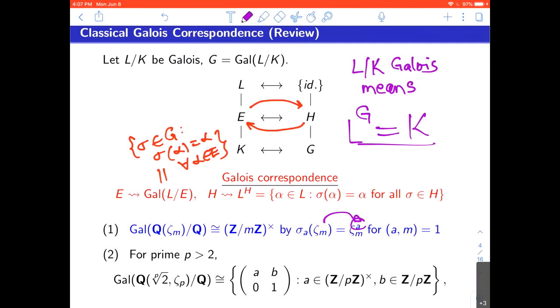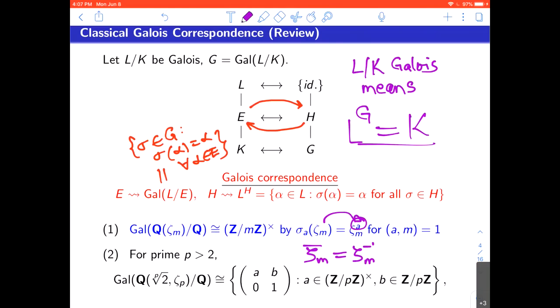So for instance, complex conjugation on the roots of unity is raising to the power -1. And so all the automorphisms look like raising to a power on the roots of unity, and when the base field is Q, all of them work. If the base field were the real numbers, well, R adjoined a fifth root of unity is still just the complex numbers. You only get a quadratic extension. So you get this big Galois group when the base field is Q.